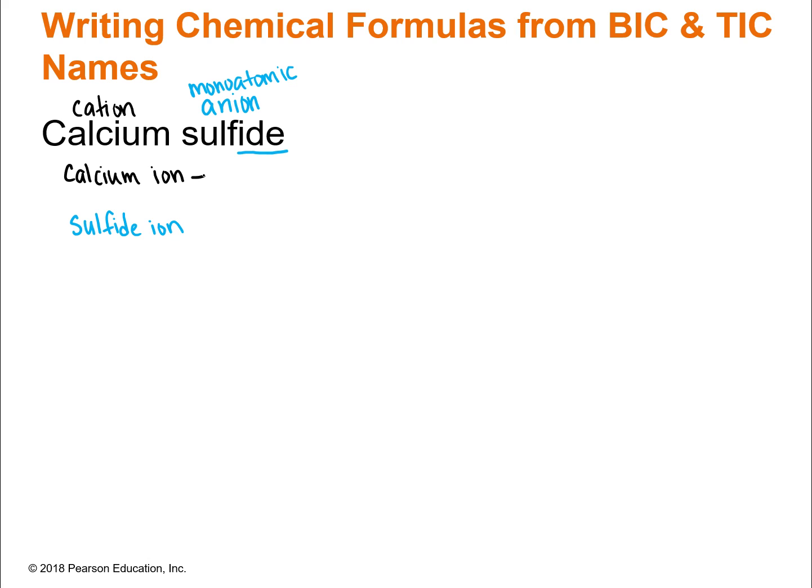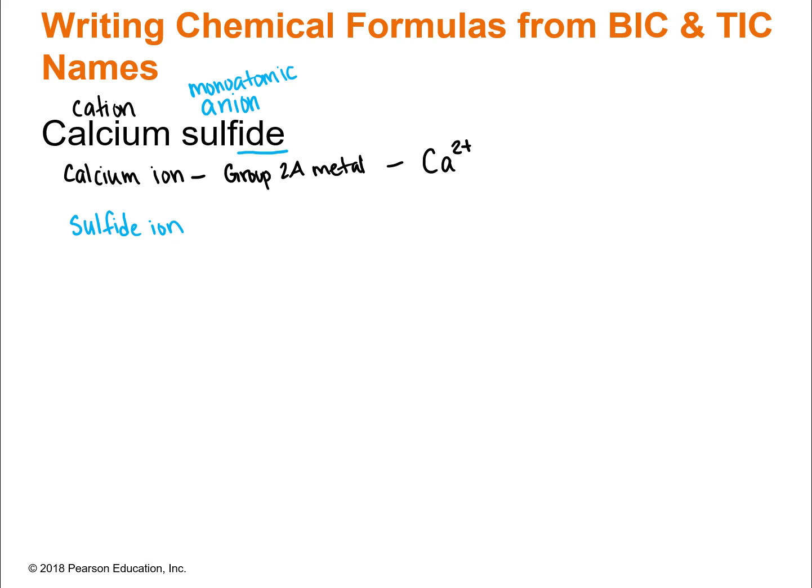We already looked at calcium and we said that it is group 2A. Because we know its group and that it's in the representative elements, we know its charge just based on the group number. So that ion looks like this, calcium 2+.